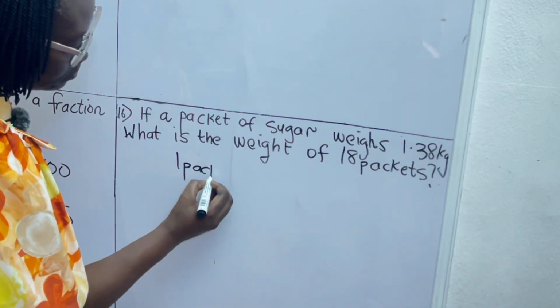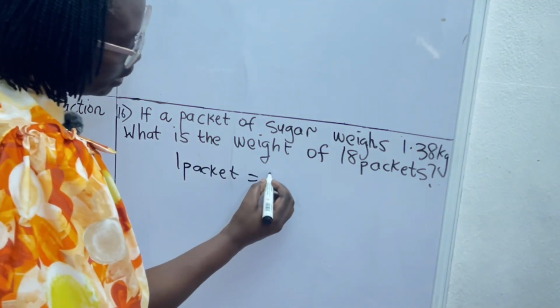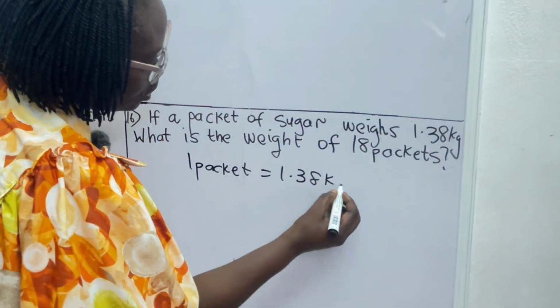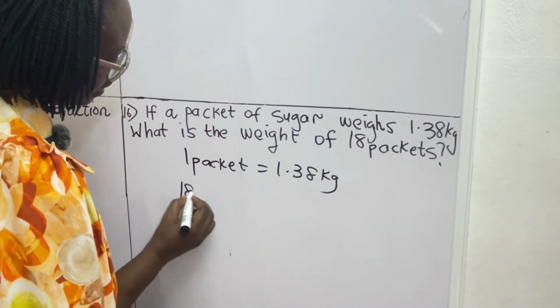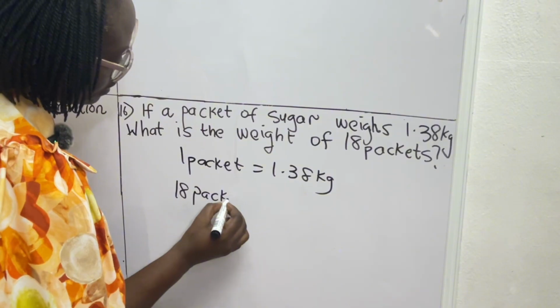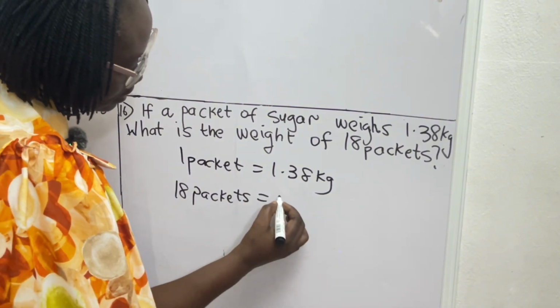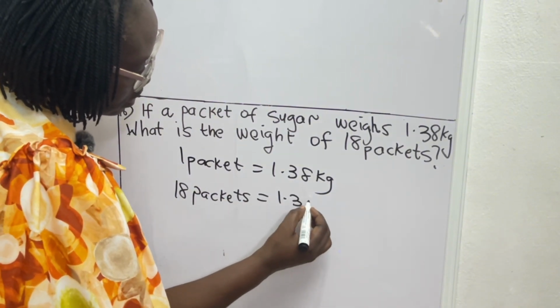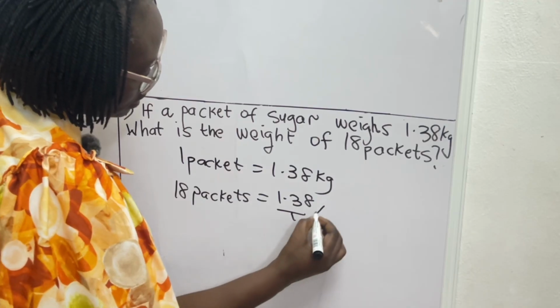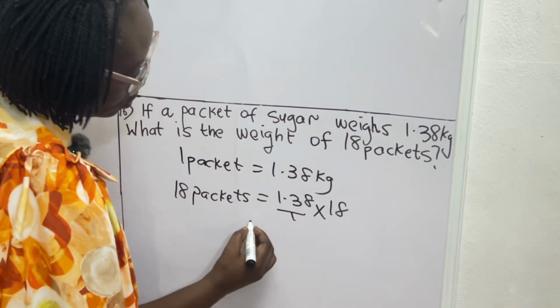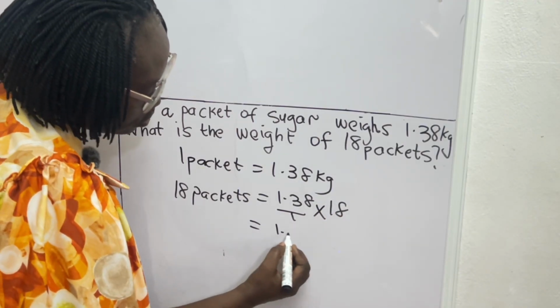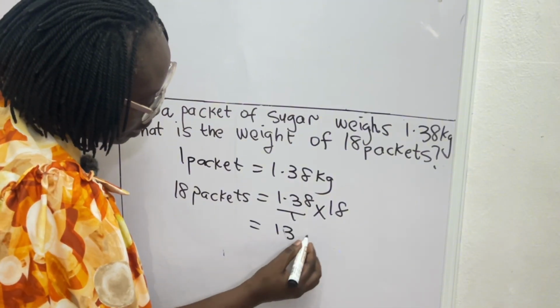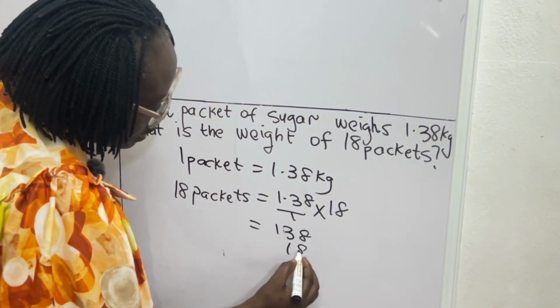One packet weighs 1.38 kg, then 18 packets now will have more weights, right? That will be 1.38 over 1 times 18. So you can use your long multiplication for this. 138 times 18.